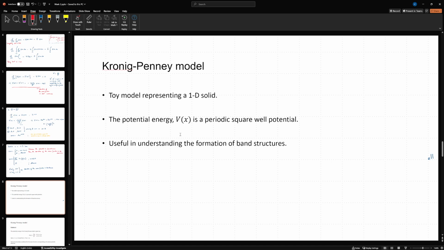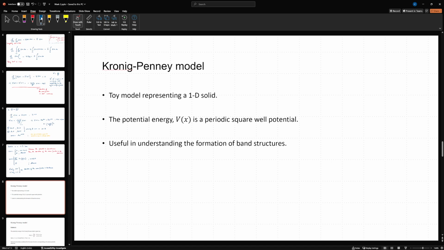Solids being considered on this scale are very difficult to manufacture, and they do not exist in an isolated space. The best we can do is to grow it on top of a 2D or a 3D structure. So a pure 1D structure very rarely, if at all, exists in nature.